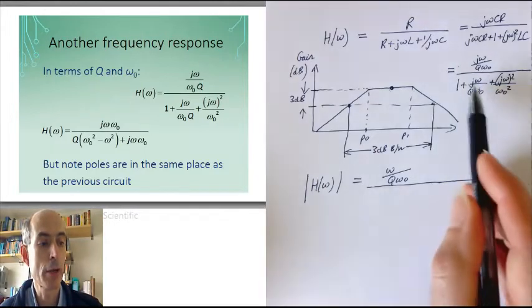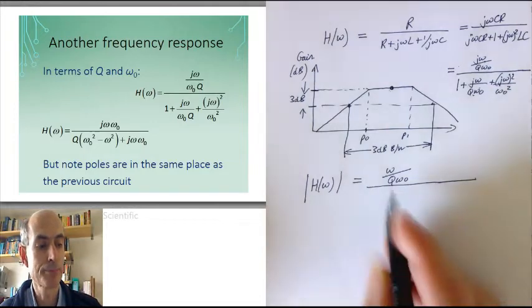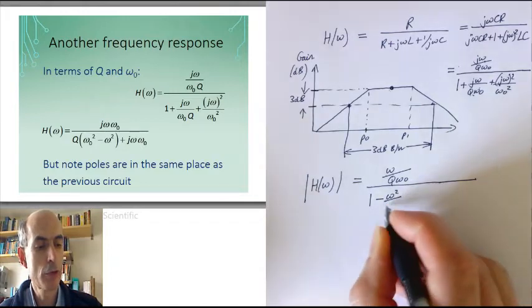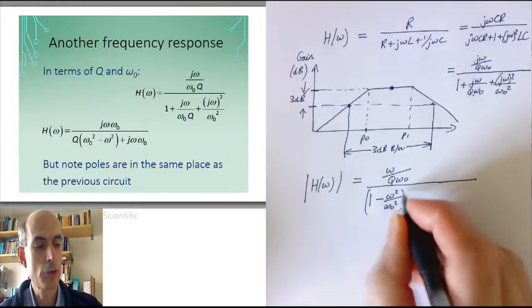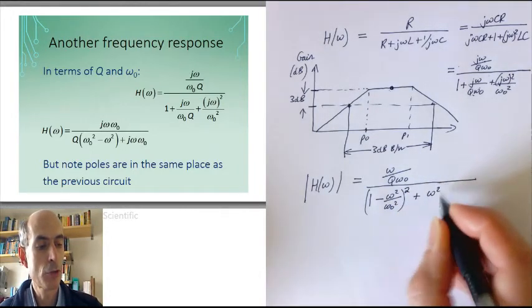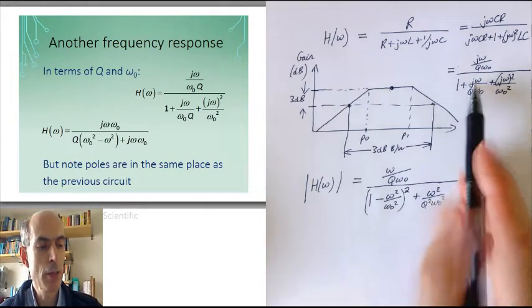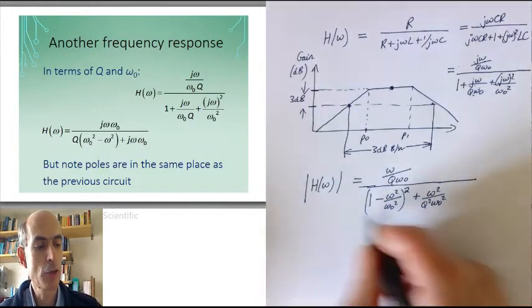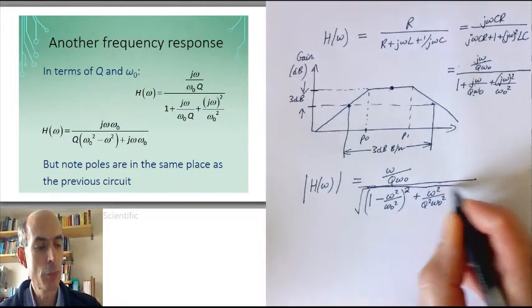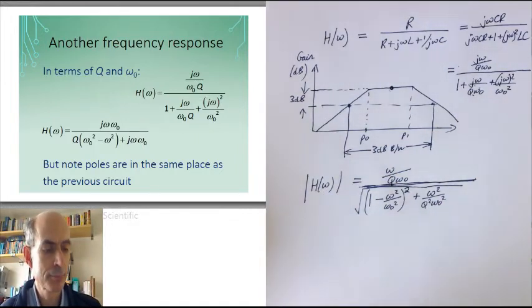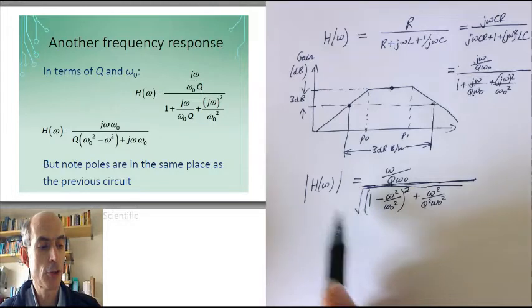And that will give us the square of the magnitude of the denominator. Here that would give 1 minus omega squared over omega naught squared, that's the real part of this, all squared, plus omega squared over Q squared omega naught squared. That's the square of the imaginary part of this, and that is the square of the magnitude of the denominator, so we'd have to take the square root of all of that if we wanted to get an expression for the amplitude gain.